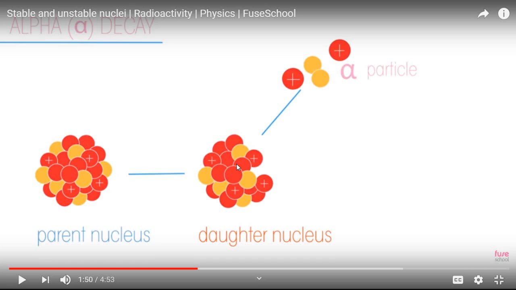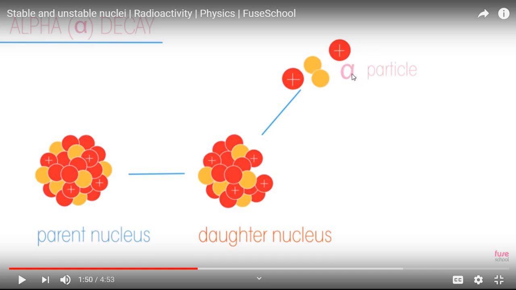So that is exactly what you have in this picture. Here's the nucleus. Does it look the same as this one? No. So once the original, the parent, is like the original, breaks into pieces, we get a daughter nucleus, the new one, and then particles.